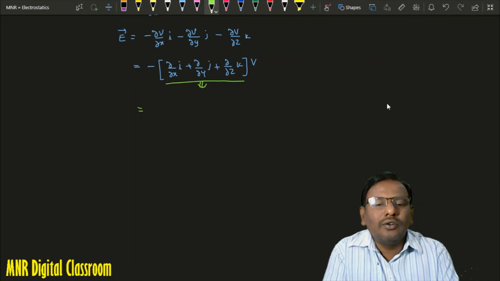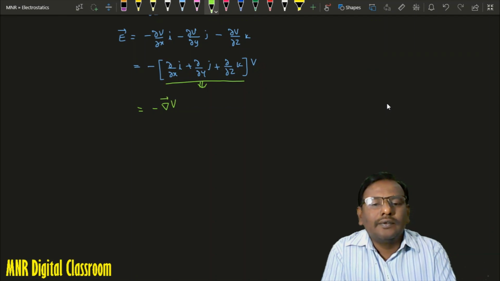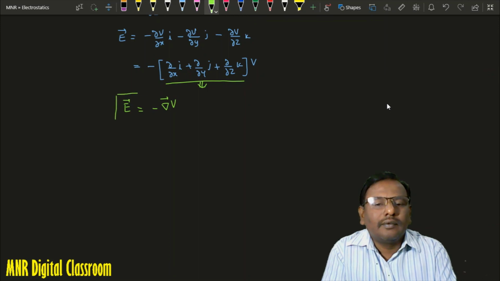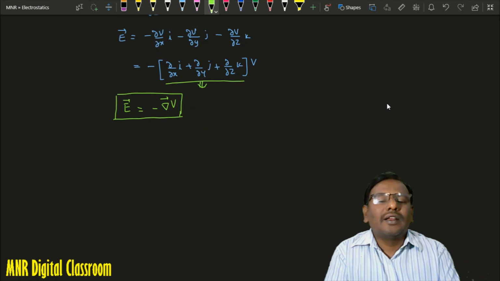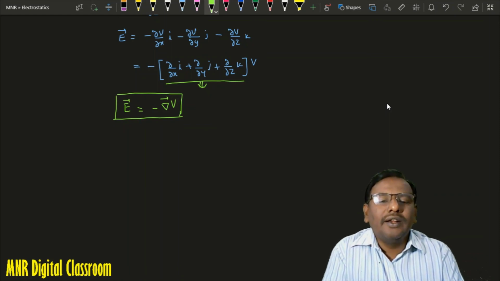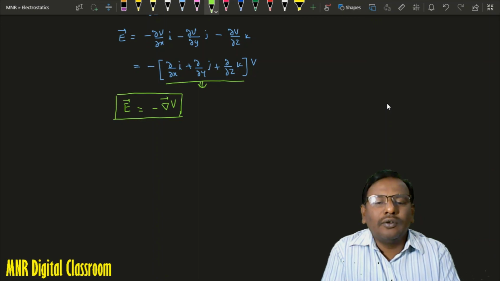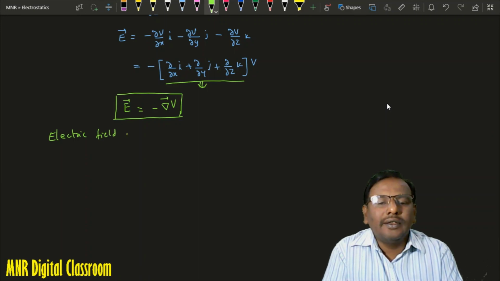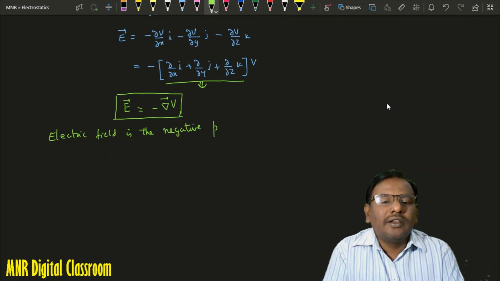So this is equal to minus del bar V, and the left-hand side is E bar. This gives us the relation between electric field and electric potential. Therefore, the electric field at any point is the negative potential gradient.